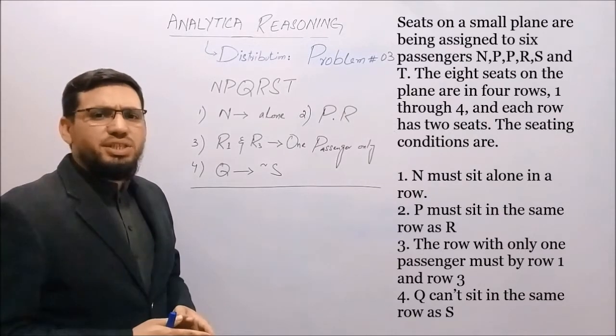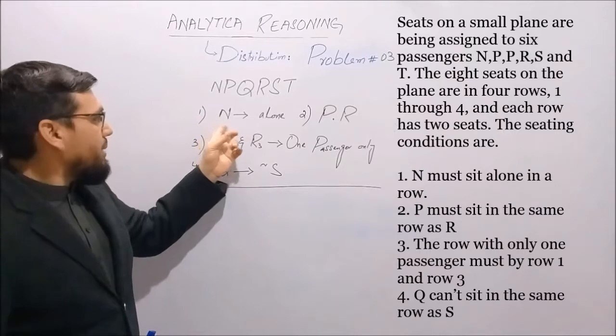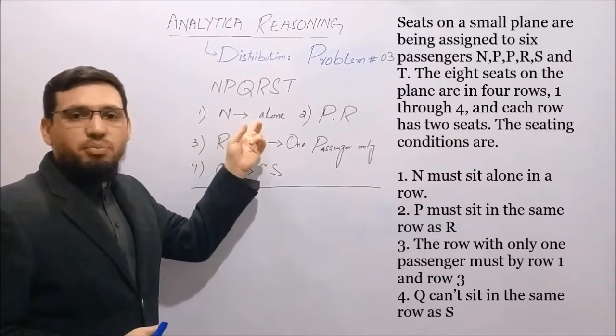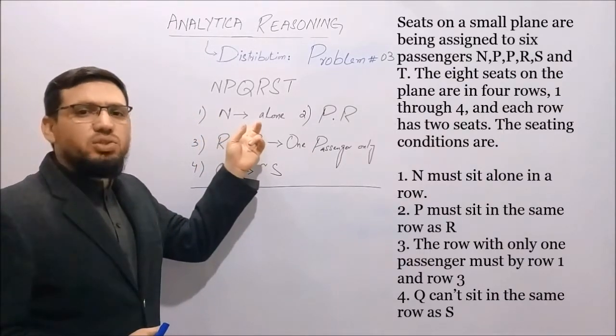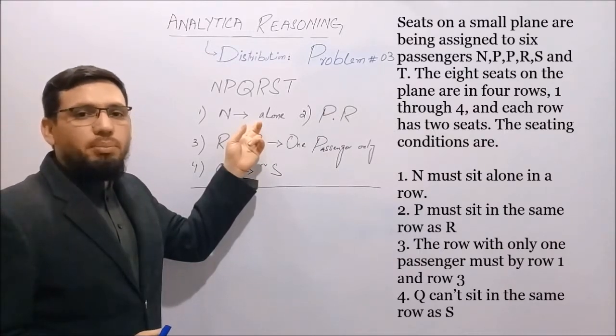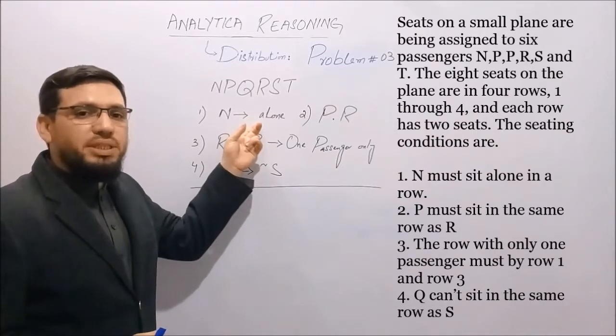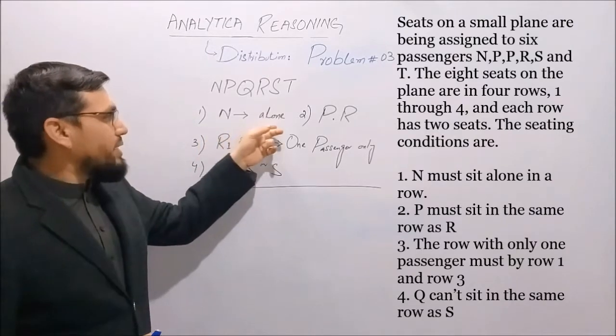The first restriction we have is that N must be alone, that is, N implies alone. As I have mentioned earlier, there is no hard and fast rule about converting these verbal paragraphs to symbolic language, so I simply wrote down that N implies alone.